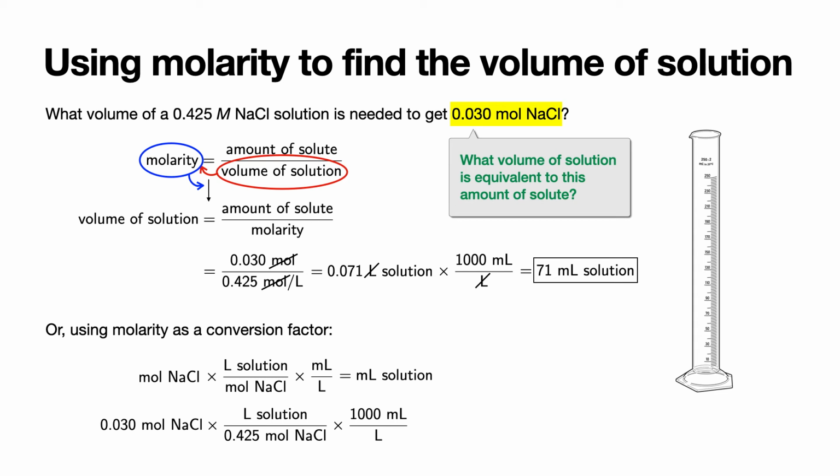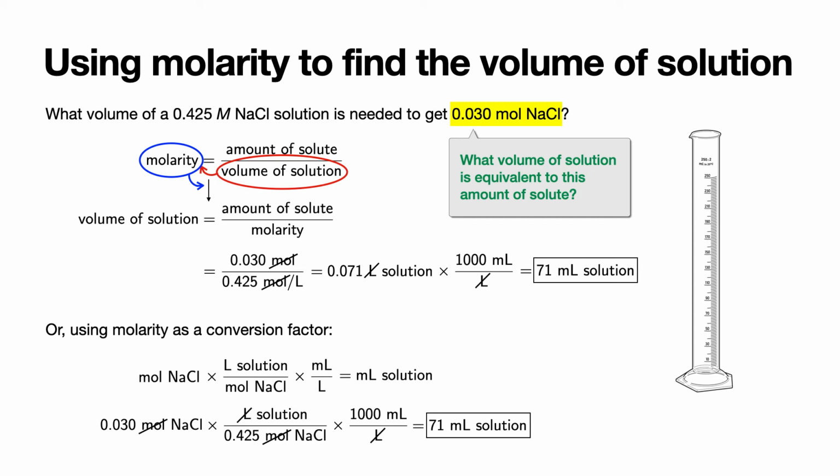Multiplying all this out, again, our units will cancel and we'll end up with our 71 milliliters of solution. So that's just another way to approach this problem. We can work with the formula for molarity, or we can treat molarity as a conversion factor. Either approach will work, and either one is totally fine.